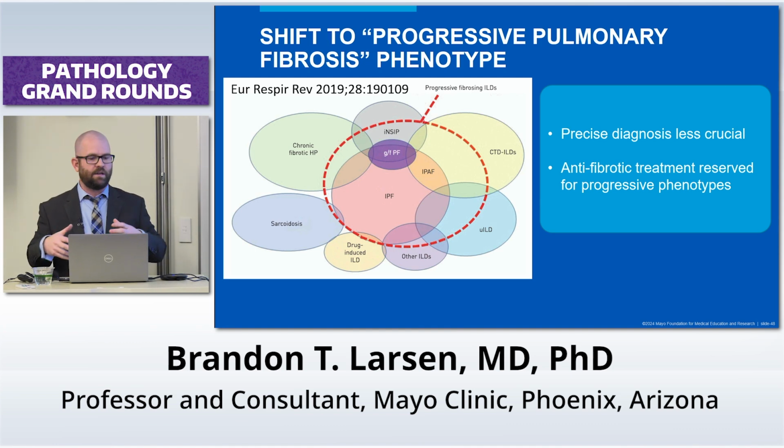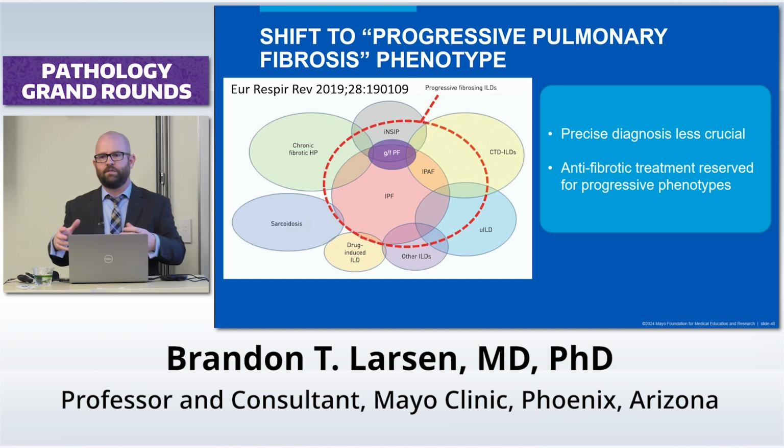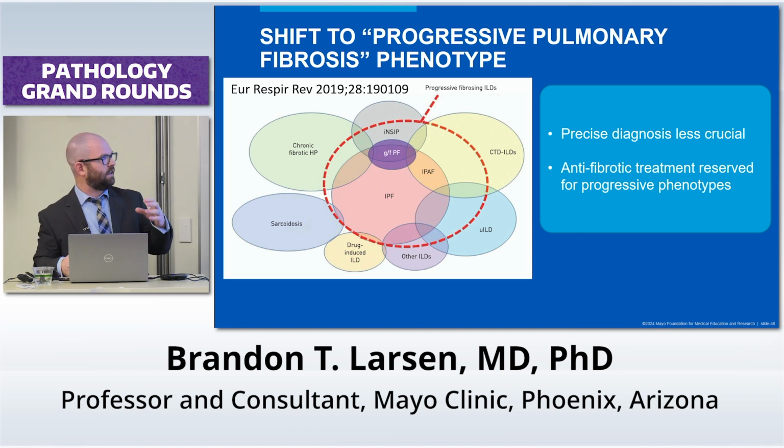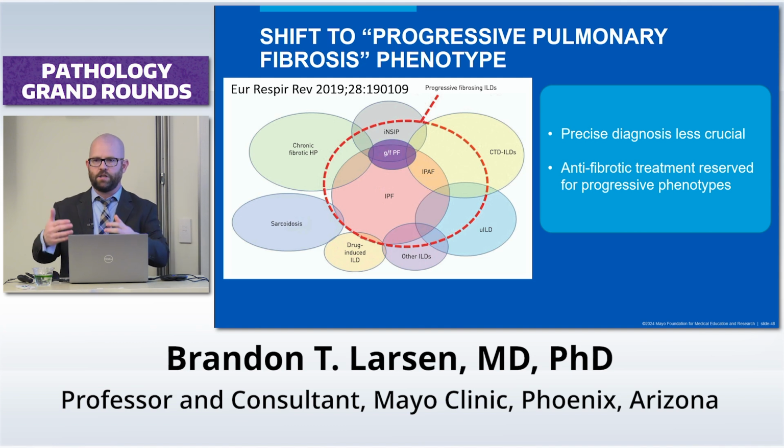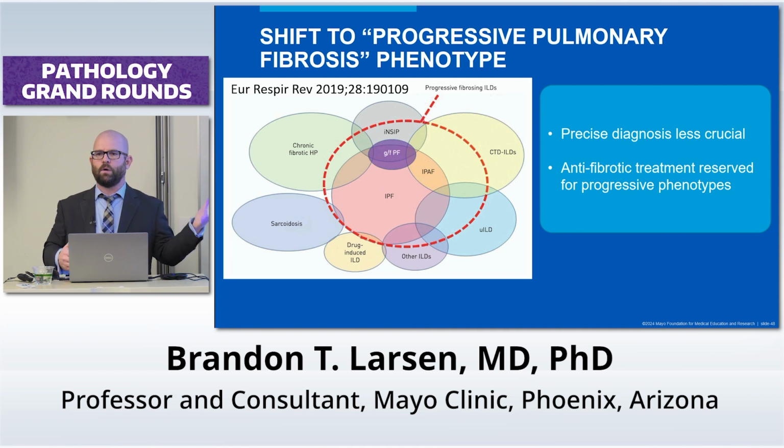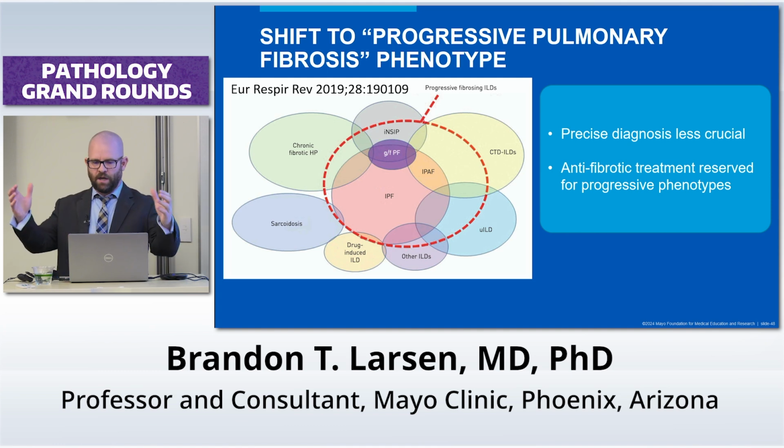And it's been recognized that many of these disorders that are believed to probably be distinct from each other, like sarcoid, chronic fibrotic HP, connective tissue disease, drug-induced interstitial lung disease, all these different things, many of these patients will have a progressive phenotype where they continue to get more and more fibrosis, more and more respiratory dysfunction, and that maybe it's not so critical to subclassify them etiologically. Maybe it's more important simply to recognize the phenotype and try to treat the phenotype with anti-fibrotic therapy, and there's some data to support this treatment approach now.